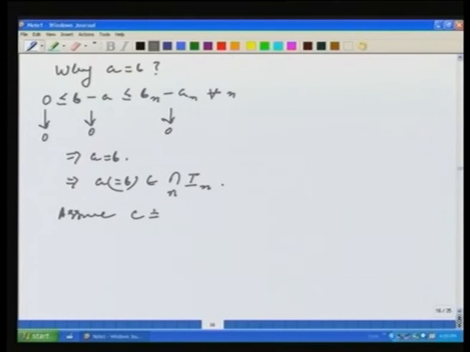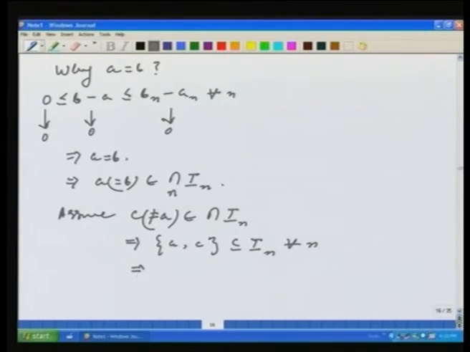Well, there might be some other C in the total intersection. Why is there only a single point? Suppose there is some other element C in the total intersection. So, assume C, which is not equal to A, is in the intersection of the In. Means what? It implies that the set A and C is contained in In for all n.